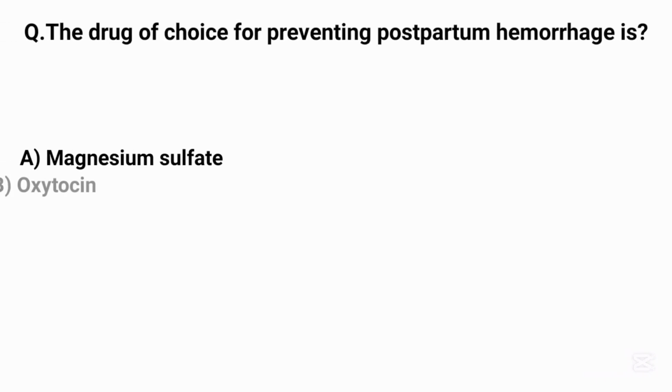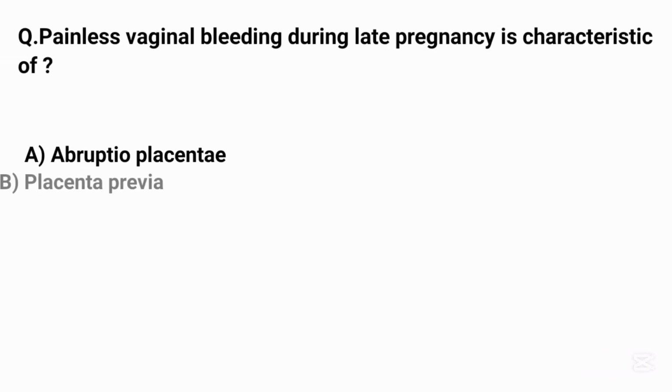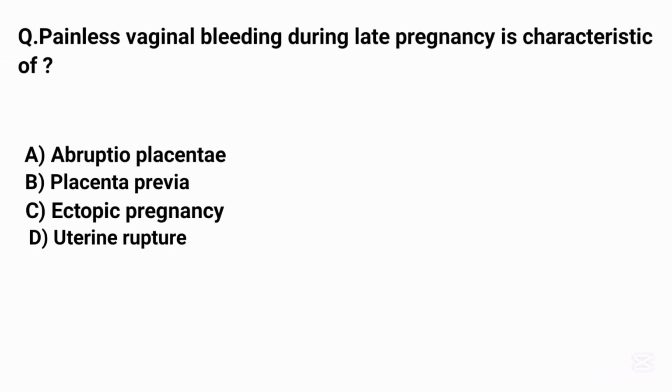The drug of choice for preventing postpartum hemorrhage is. Correct answer is option B, oxytocin. Painless vaginal bleeding during late pregnancy is characteristic of. Correct answer is option B, placenta previa.